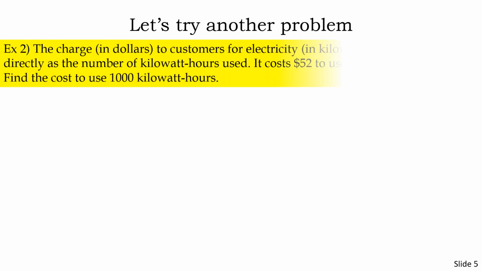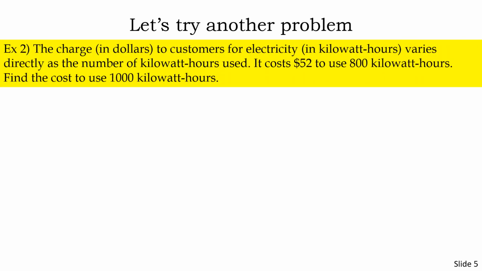Let's try another one. The charge in dollars to customers for electricity in kilowatt hours varies directly as the number of kilowatt hours used. It costs $52 to use 800 kilowatt hours. Find the cost to use 1,000 kilowatt hours.